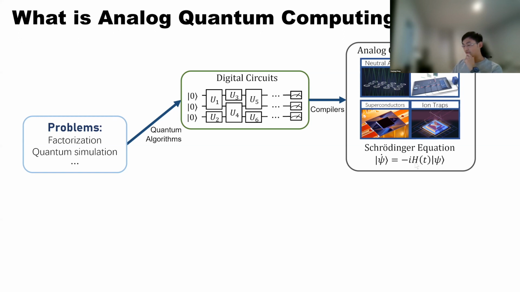This equation basically governs everything about quantum, so the difference is about the Hamiltonians executed by each different system.